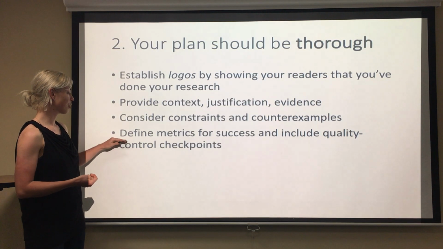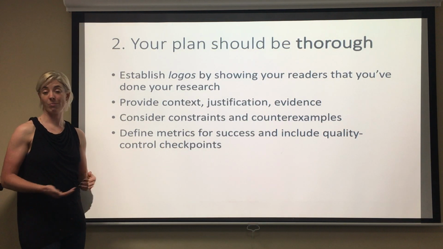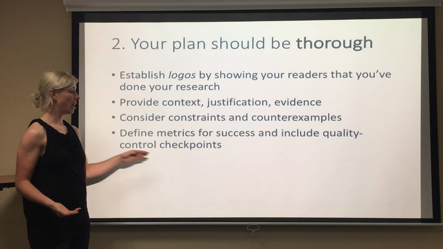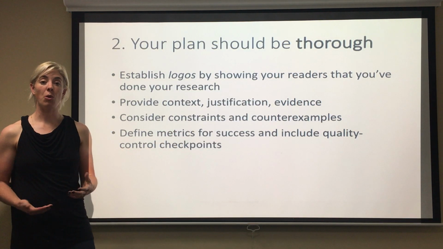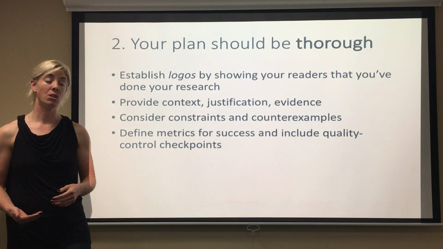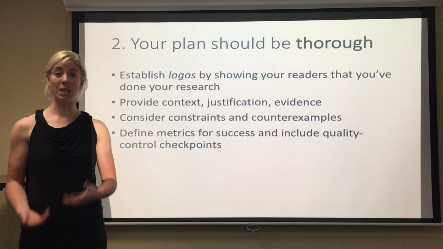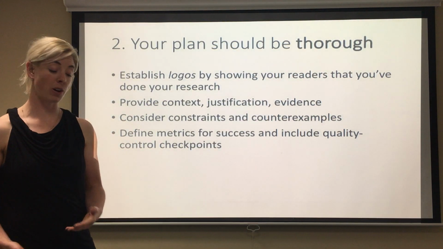And we also need to make sure we clearly define the metrics we're using to decide whether or not our work is successful, and where we're going to include quality control checkpoints so that we know we're on track, and how we're going to communicate that progress to the organization should we receive this proposal or this grant.